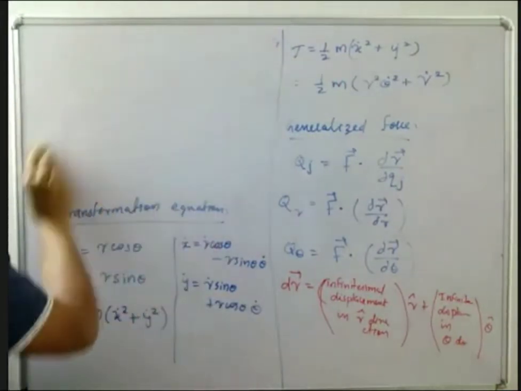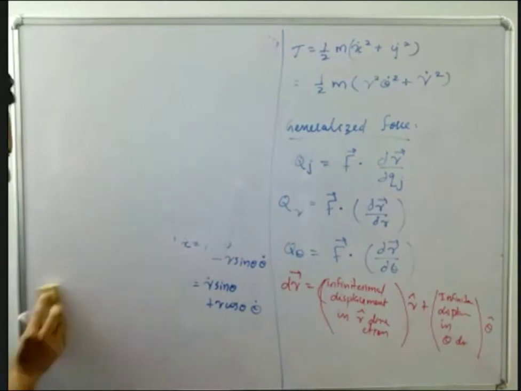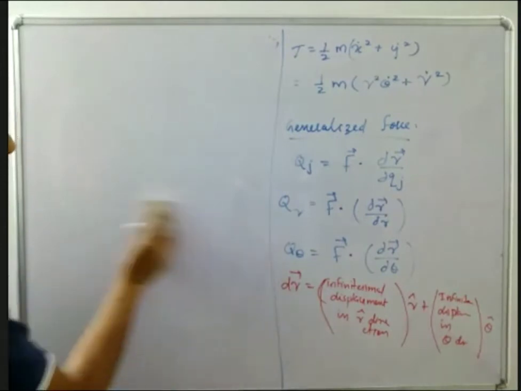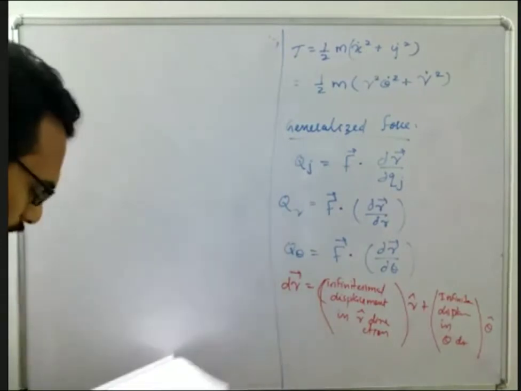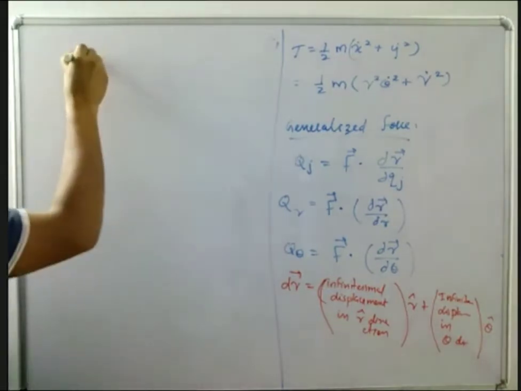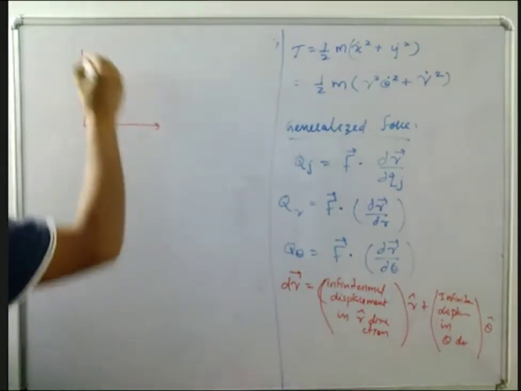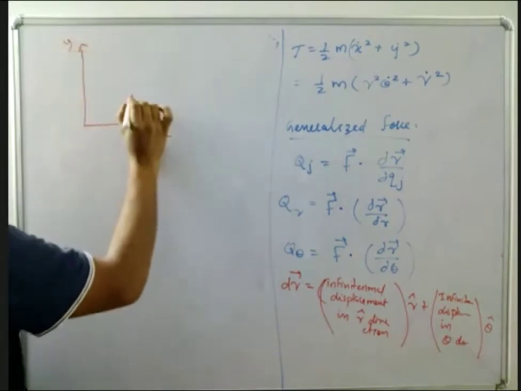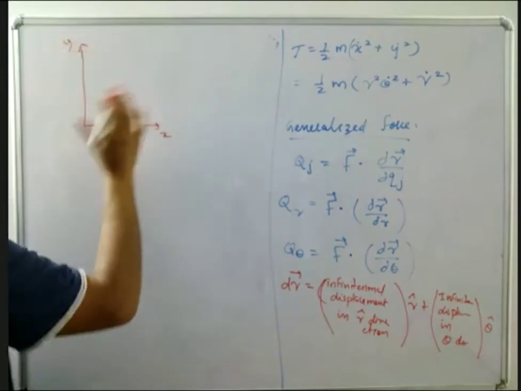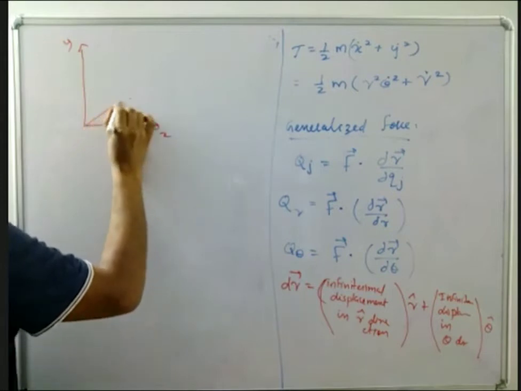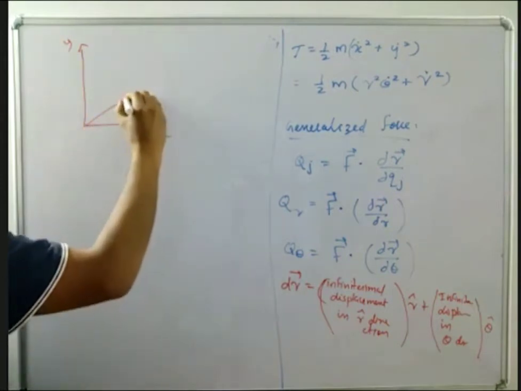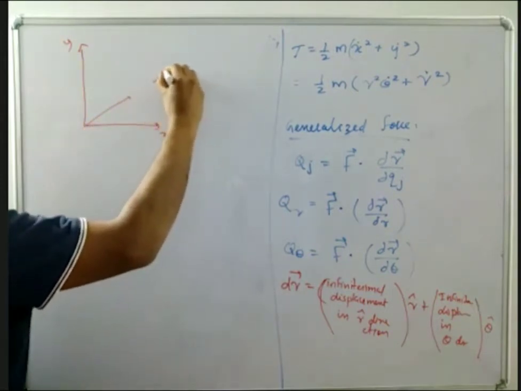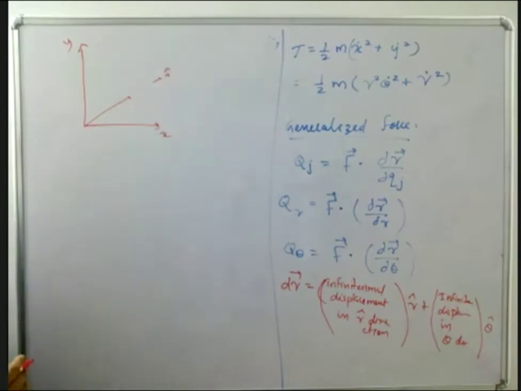Now, how do we find that? What we do is just draw it. Okay, x, y. We need to talk about some sort of displacement. In the r direction, it's obvious because this is the r cap direction, so any movement in that direction is an infinitesimal displacement in the r cap direction.